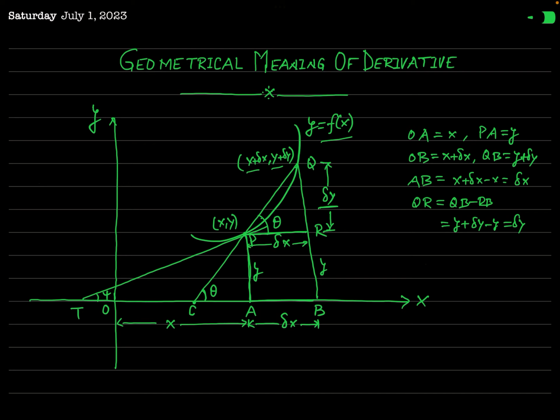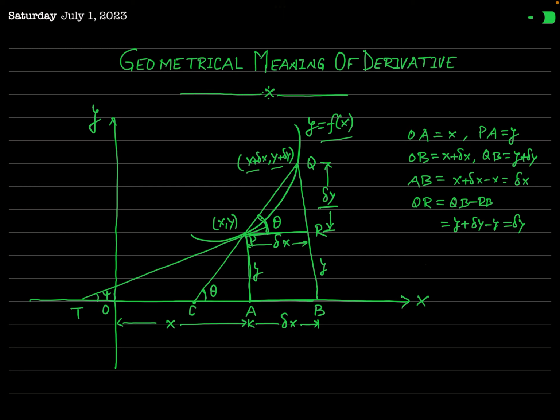But as this PR is perpendicular to a line which is parallel to y-axis, so this PR will be parallel to x-axis, and this line QPC intersects these two lines. So from elementary geometry, you know that this angle QPR will be equal to this angle QCX, and so this angle will be also theta.